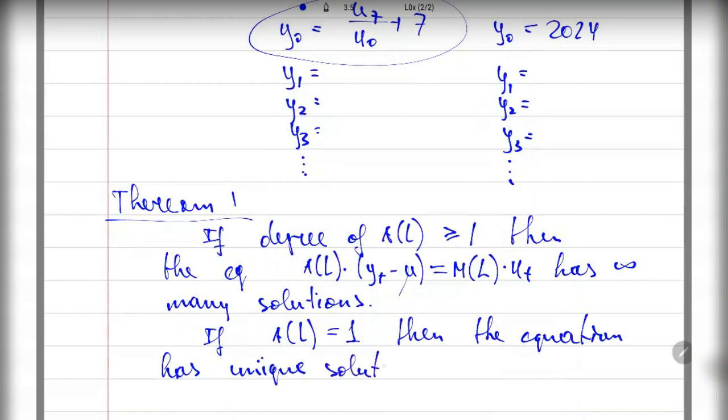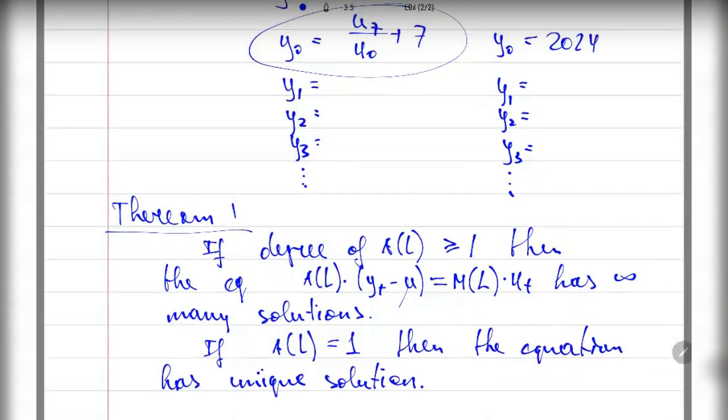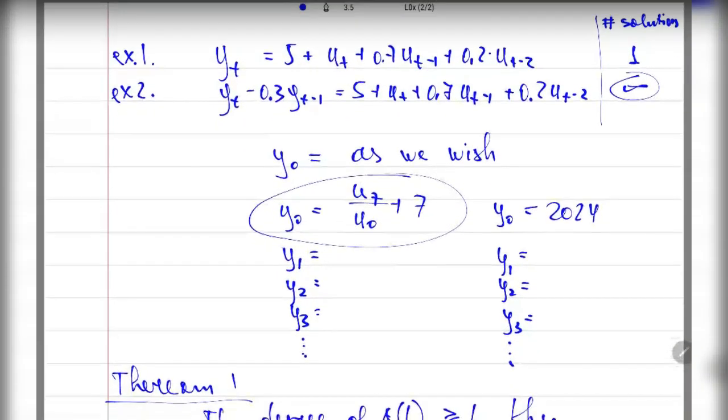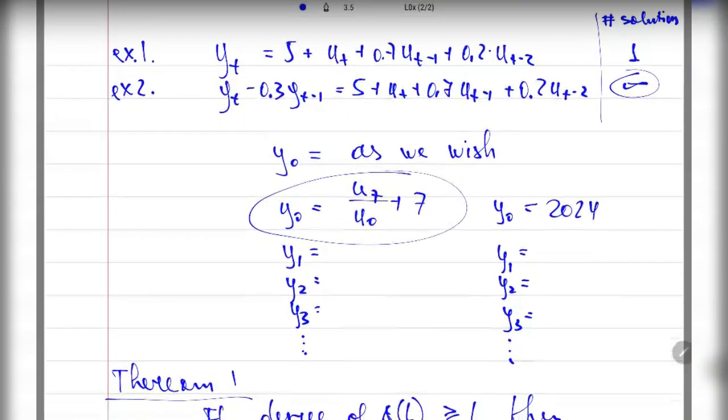solution. And I think the proof is obvious, yeah, because if you have no lag in the equation, yt is just written, you have no freedom. yt is given. And if you have at least one lag, then you have freedom. You can choose y0. And if there are two lags, then you can choose y0 and y1 and deduce y2 from the equation.